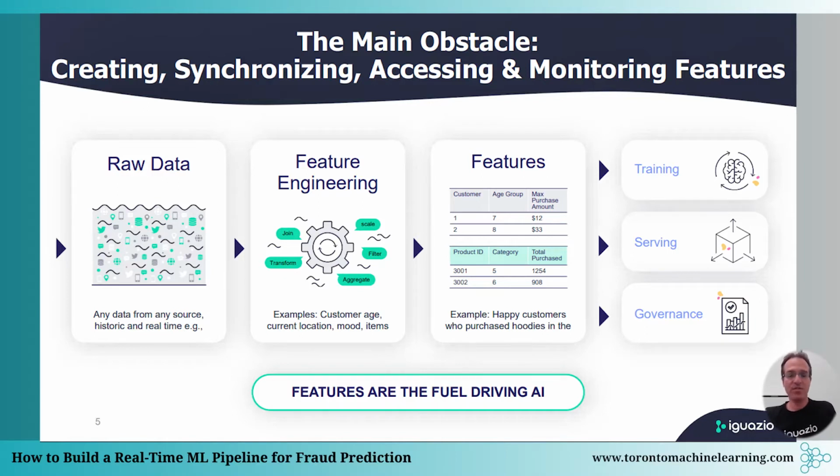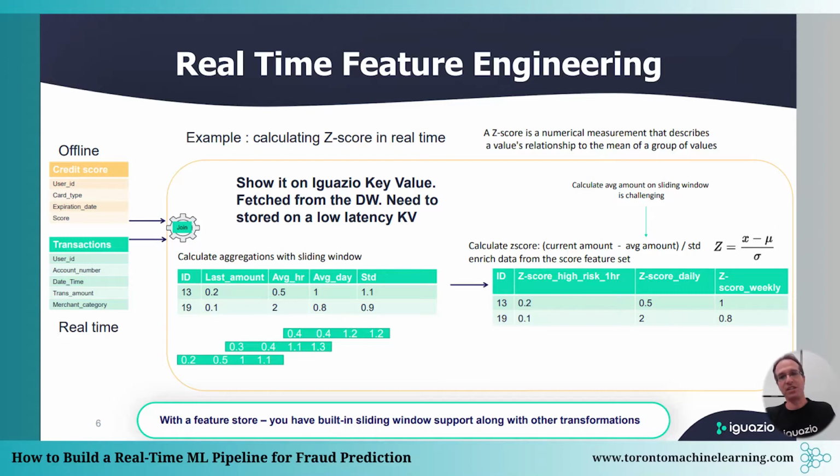So it's one thing to develop the feature engineering in your development environment and do it in batch, but it makes it much more difficult to actually take it to production and do it in real time. So for instance, in real-time feature engineering, you need to calculate features pretty fast with very low requirements in terms of response time.